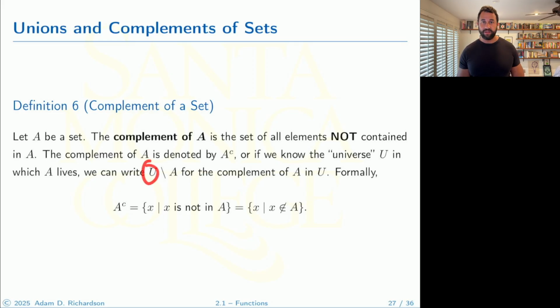Basically, it means you take the universe and you cut out the set A. And when you do that, you're left with the complement of A in the universe U. More formally, we say that the complement of A is the set of all x's such that x is not in A, or we can write it like that. This little symbol here just means in, or is an element of. So if you ever see that, it means an element of. So here we're saying not an element of A.